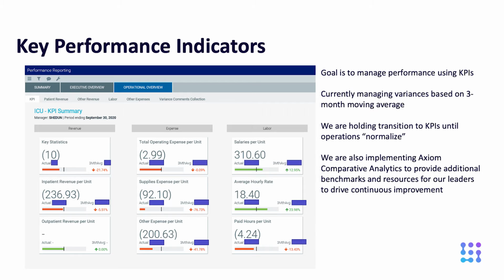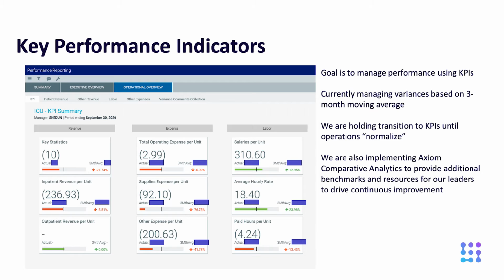We are using them, but for this, I thought I would focus on just the department overview. With this little filter button here, you can click on it and it'll give you an option of picking a department. So I selected the ICU here at one of our smaller facilities as a sample.